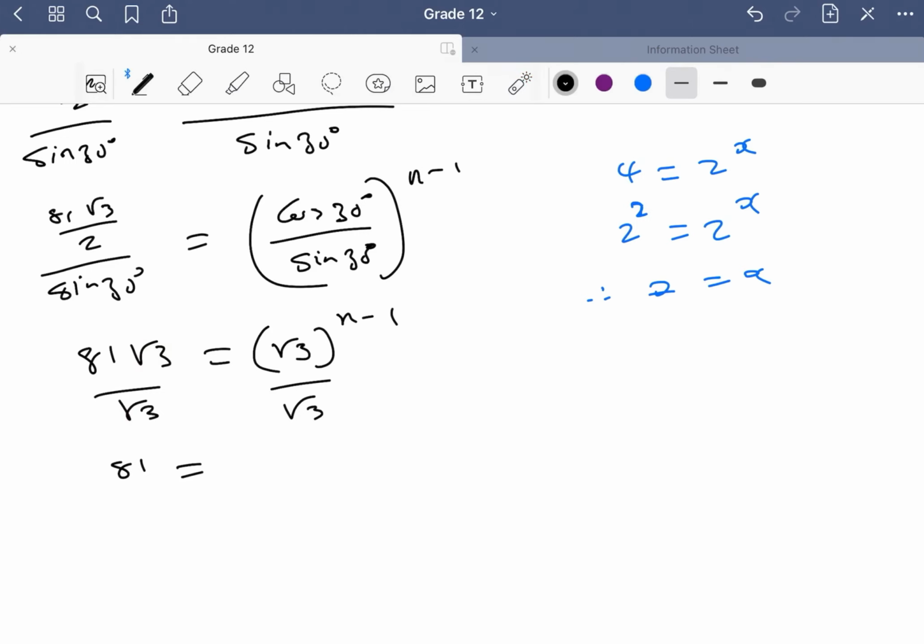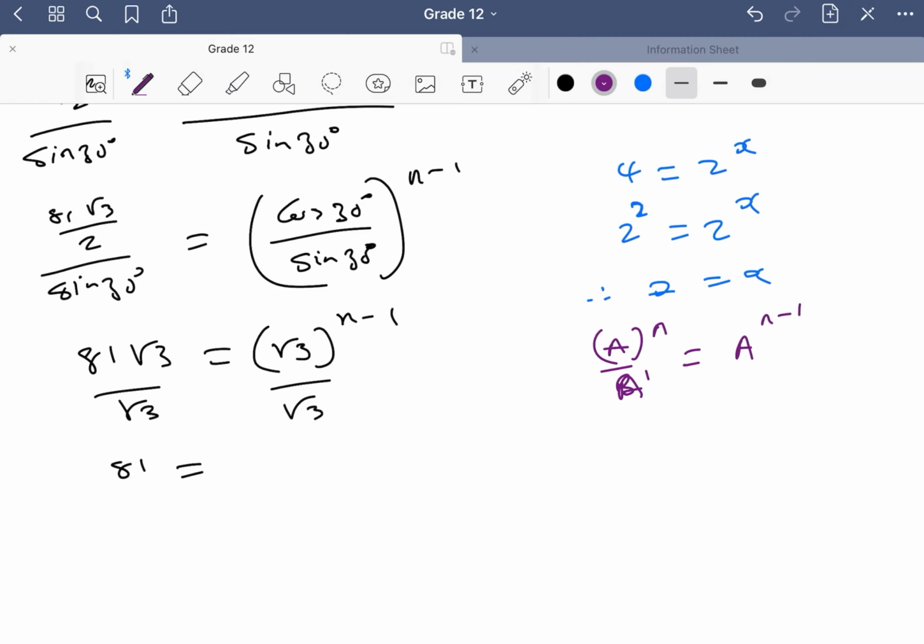And with this one, we know for sure that a power n over a power 1, let me put it this way, is equal to a power n minus 1. It's very important that the bases are the same. So a power n over a is the same as a power n minus 1.